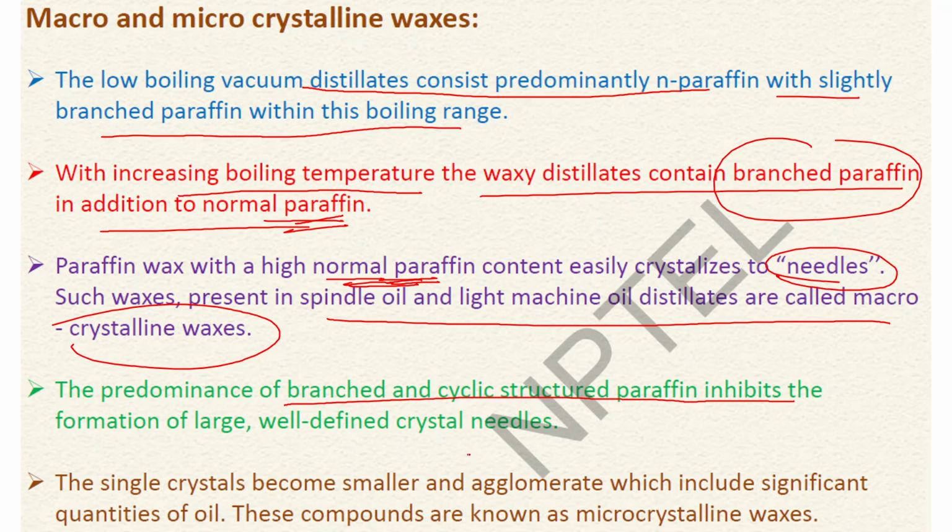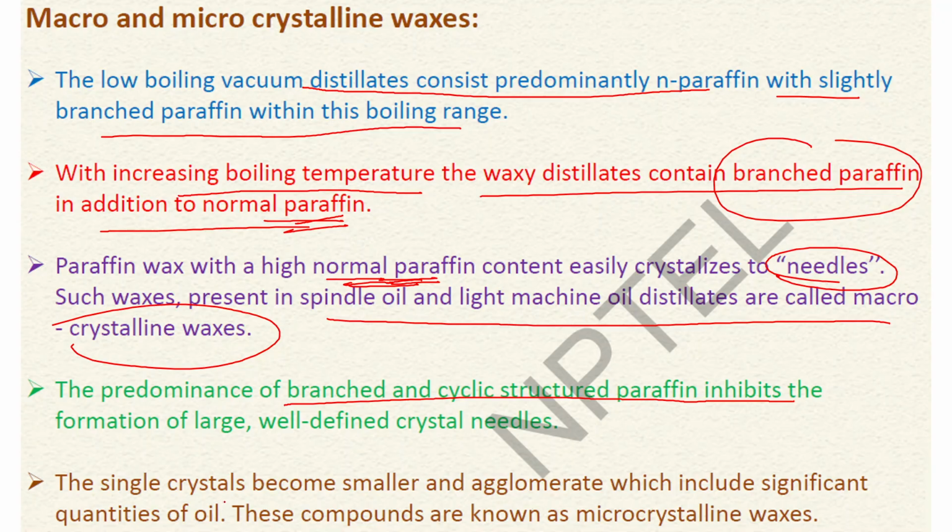Whereas if branched and cyclic structured paraffins are present, the formation of large, well-defined crystals does not take place. Small crystals of wax form, which further agglomerate, and in between those agglomerates a large amount of oil gets trapped.